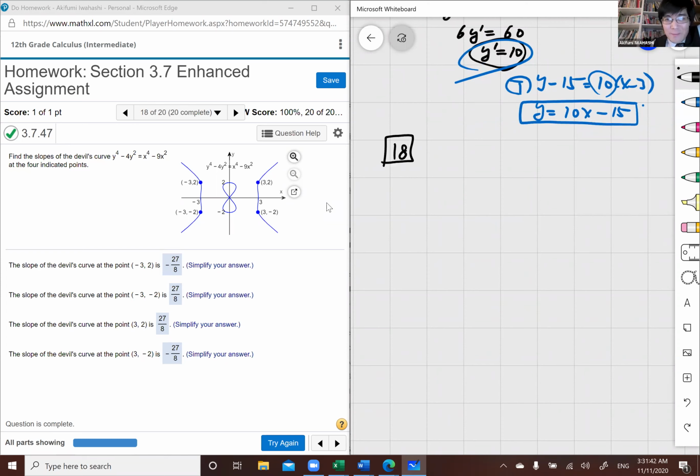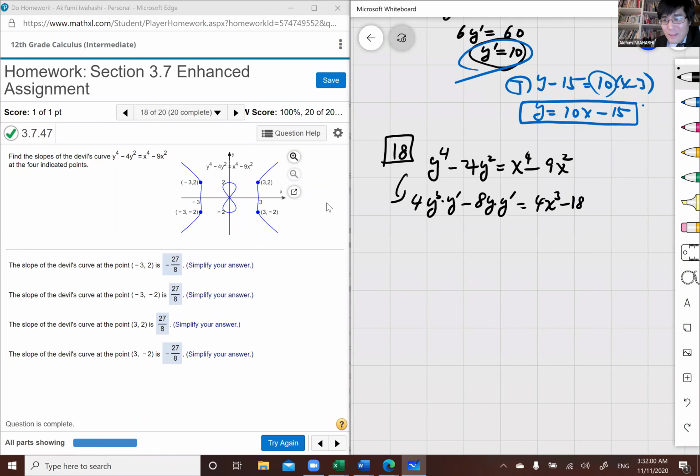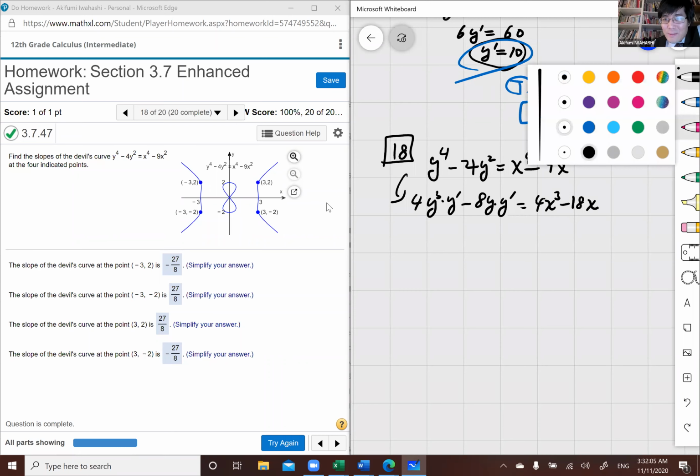Okay, number 18. y to the fourth minus 4y squared is equal to x to the fourth minus 9x squared. Now differentiate both sides of the expression. You get 4y cubed times y dash minus 8y times y dash is equal to 4x cubed minus 18x. Now you want to solve for y dash.